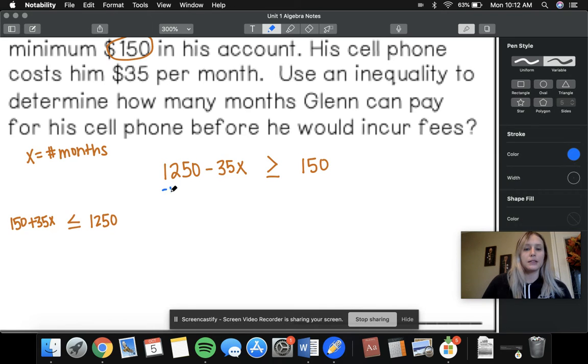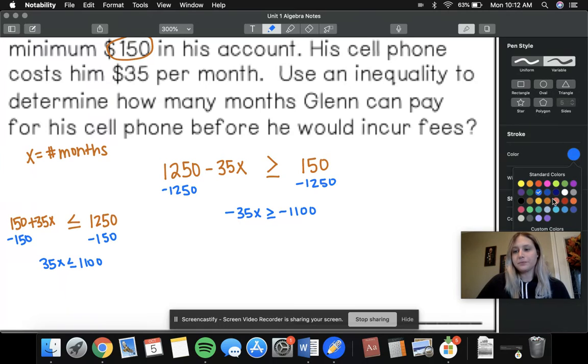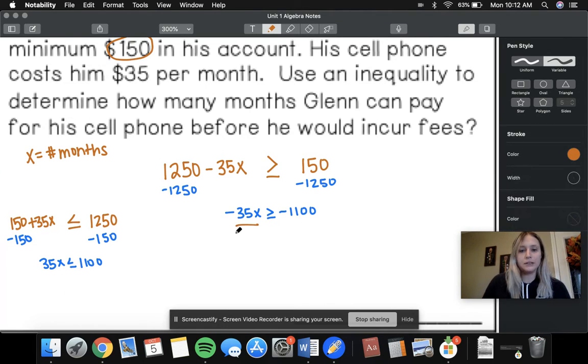So we can subtract 1,250, get negative 1,100. Okay, or you could do it the other way and get 35x, still 1,100. Then we would divide by negative 35.